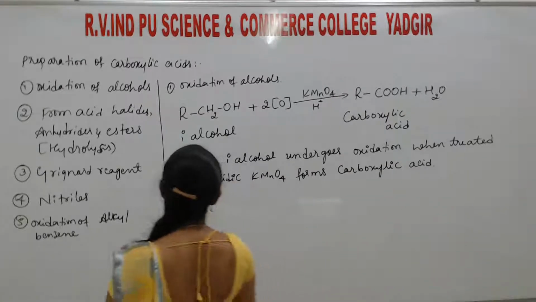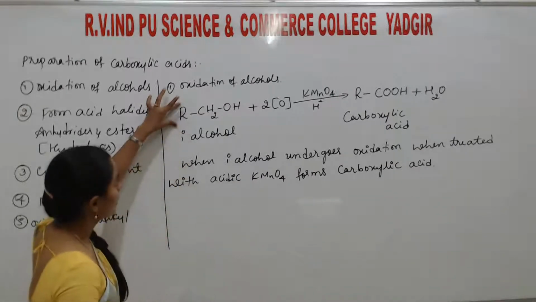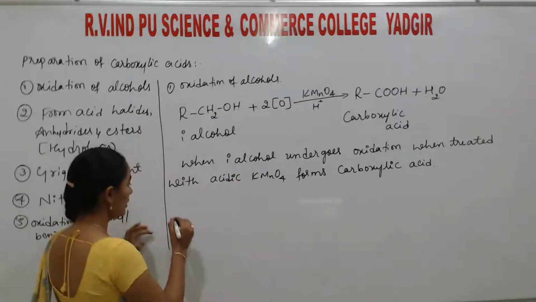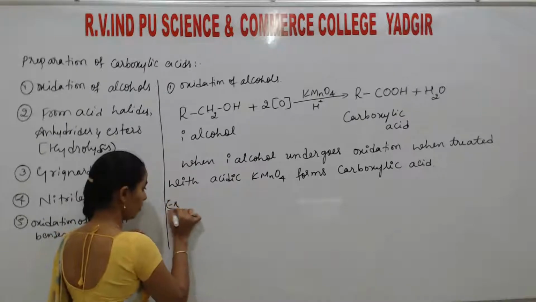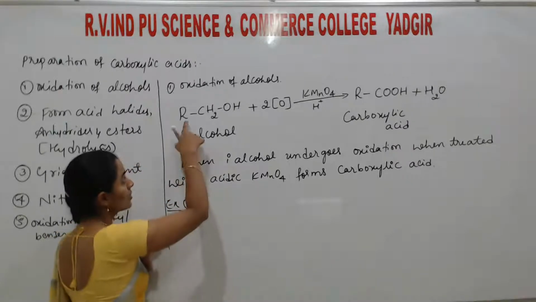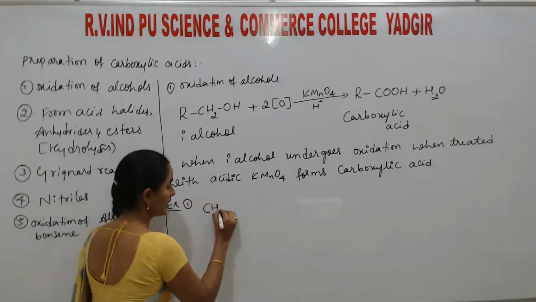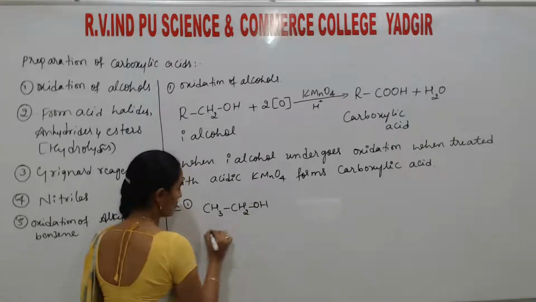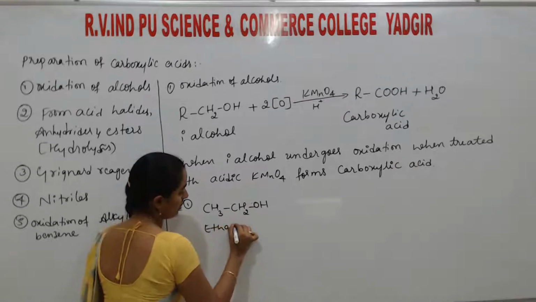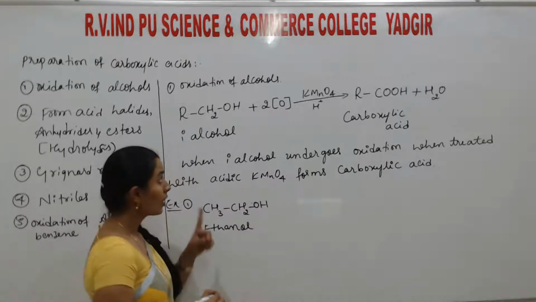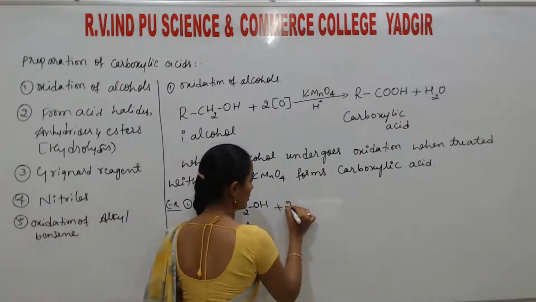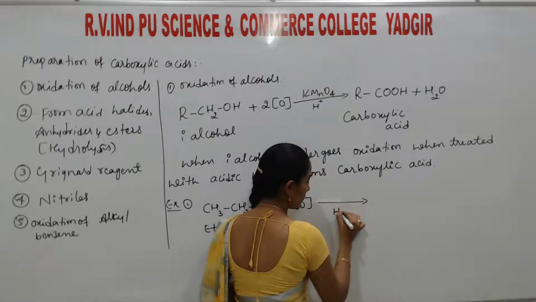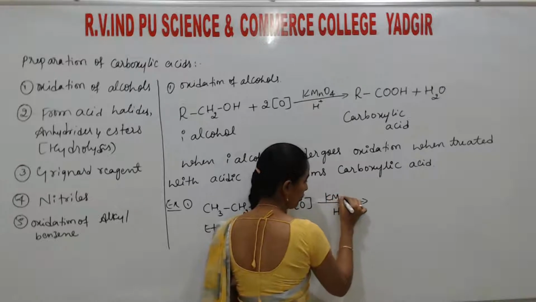If you take an example, this R is replaced by CH3 or any benzene. I'll take example 1. In the place of R, I'll take CH3, so CH3CH2OH. This is ethanol, which undergoes oxidation in presence of acidified KMnO4.